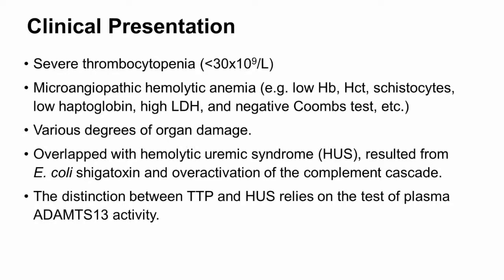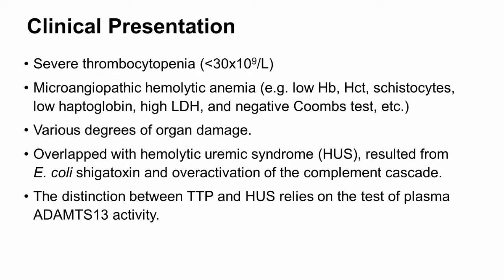This kind of clinical presentation overlaps with another syndrome called hemolytic uremic syndrome, or HUS. This mostly results from Shiga toxin-producing E. coli, particularly in the pediatric population, where children are younger than 5 years old.